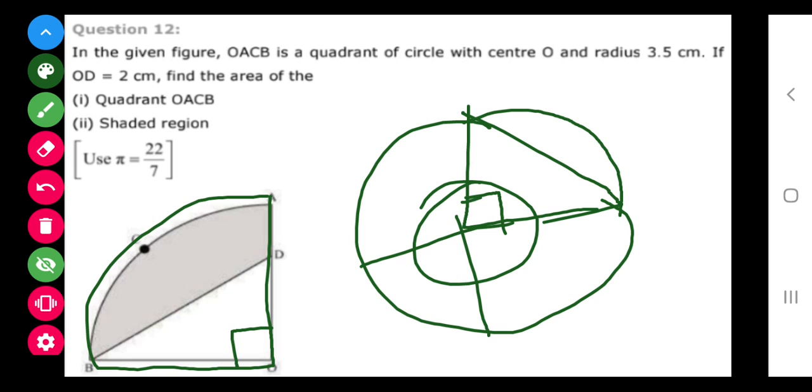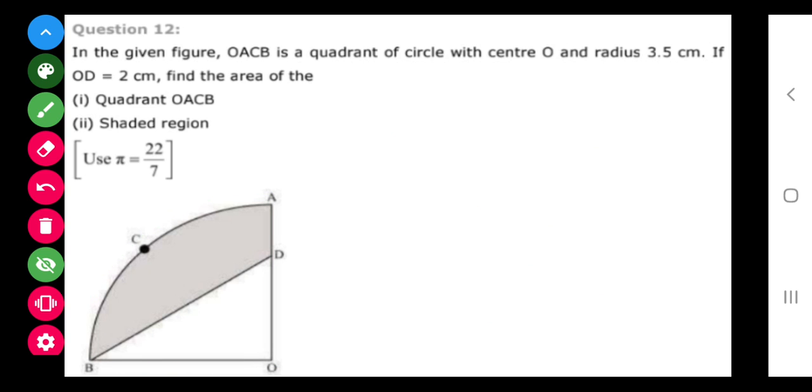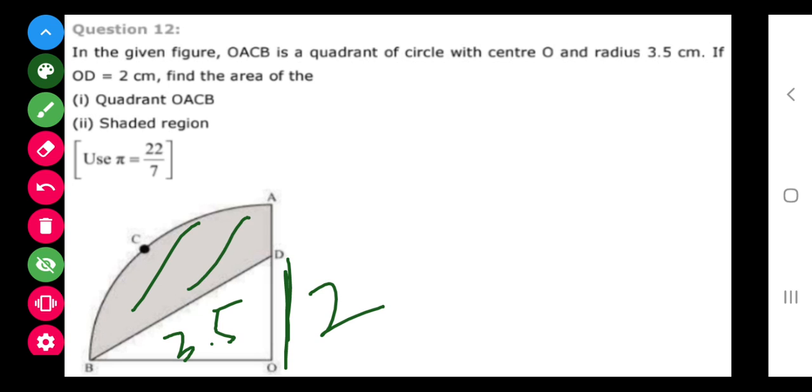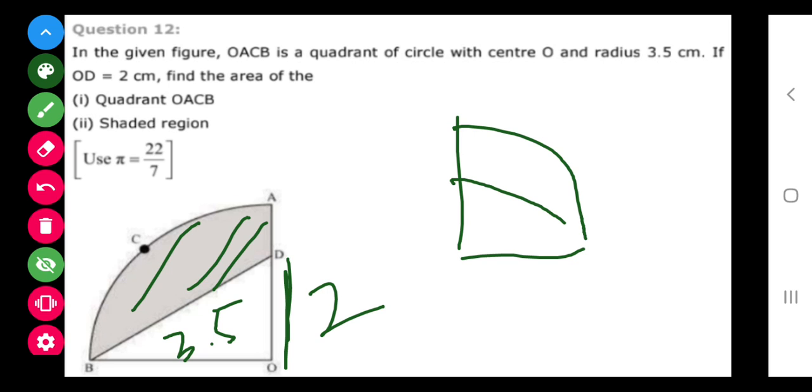Overall it is 360, so this will be 90. Now this is given as 2. Radius is given as 3.5. We have to determine this area. So area of quad minus this part DOB. If we remove this part, we will get this area.